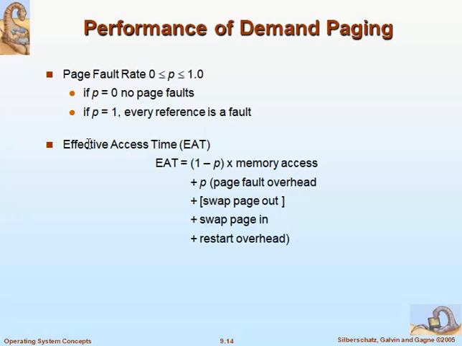And how do we calculate the effective access time, EAT? EAT is equal to (1 minus P) times the memory access time, plus P times the different overheads we are going to have if there is a page fault: the page fault overhead, plus swap page out, plus swap page in, since we have to page out and page in, plus the restart overhead, because we are restarting the instruction.